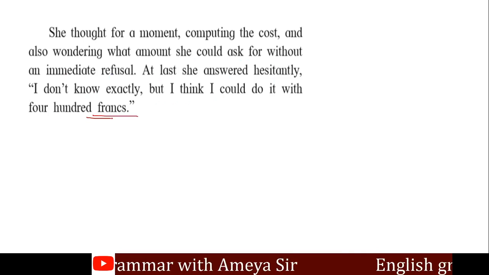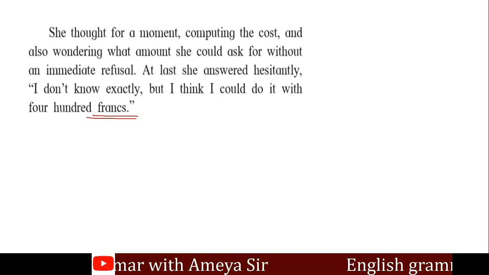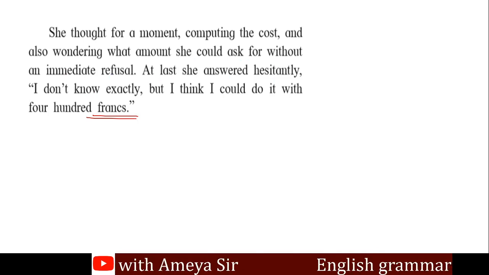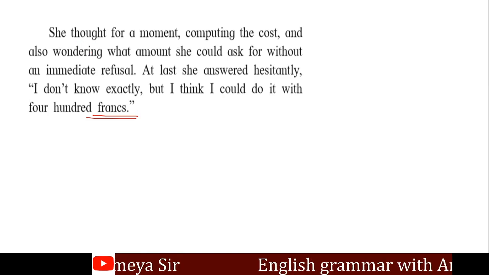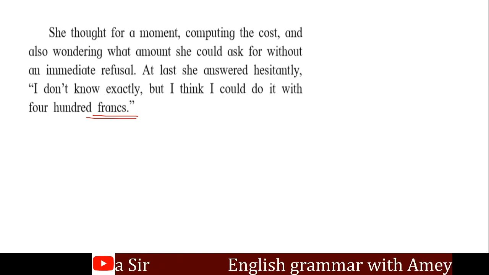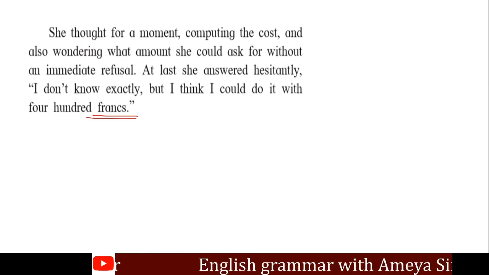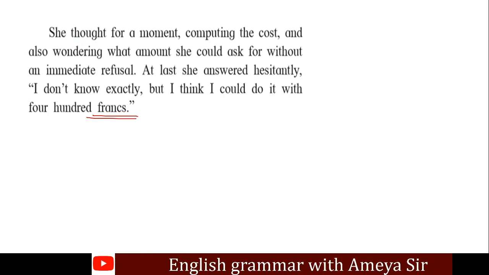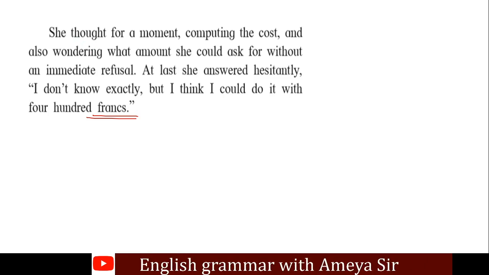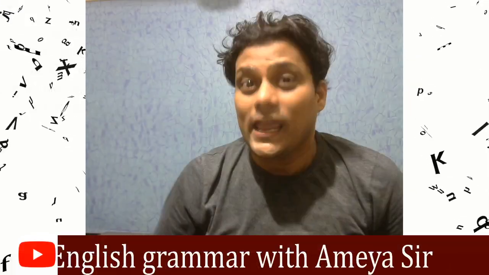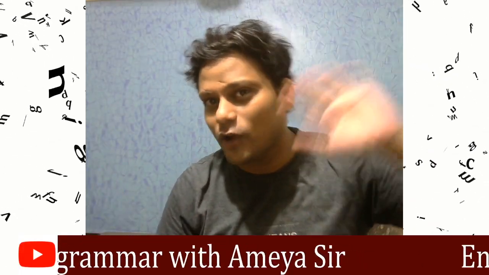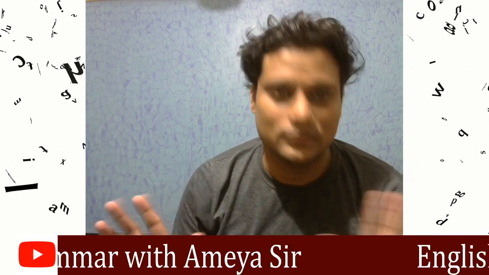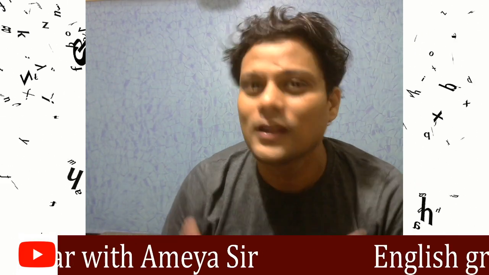And we did talk about this word at the introduction stage itself. Guys, the first line is so important. She did not want to get rejected immediately. So she computed what is the kind of money that I could ask my husband for in order not to get rejected immediately. If she had asked for an amount way beyond what her husband could afford, then she was definitely going to get no for an answer.